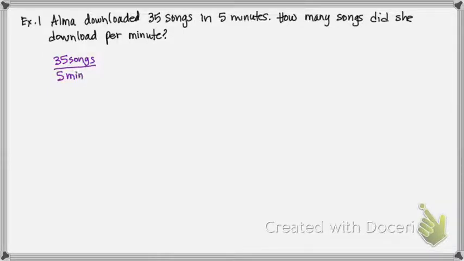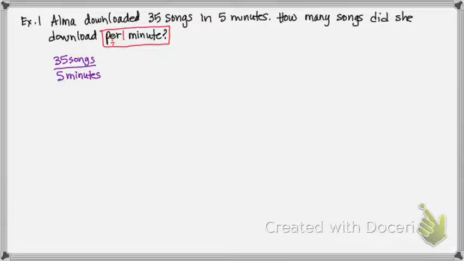So you can see that it's a rate because the labels aren't the same. So that means the labels stay with the answer. And they want to go per minute. Per means to divide, and minute is talking about 1 minute.